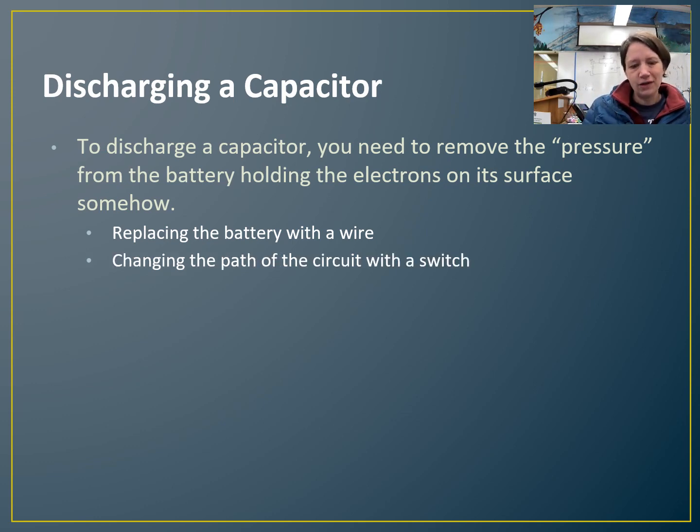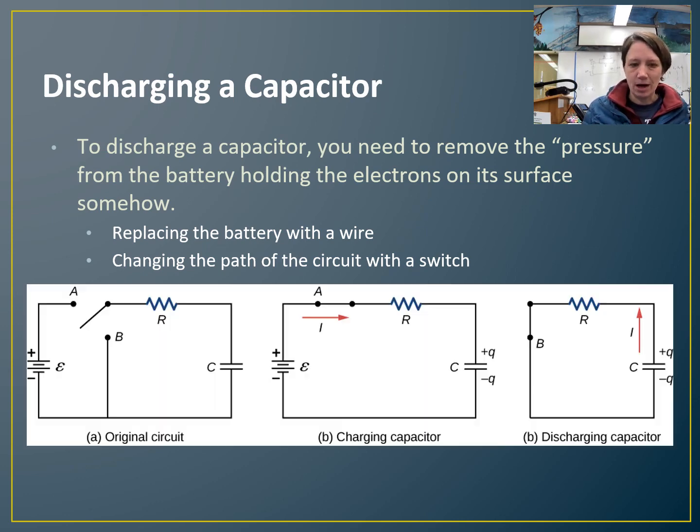Or you can often change the path of that circuit with a switch somehow, like in the example below, right? So if we have this circuit, we've got kind of an interesting two-way switch there, connect to A or B. So if we wanted to charge the capacitor, we would connect the switch to A, and we're going to charge the capacitor until it has the same voltage as the battery, as shown in the example from the last slide.